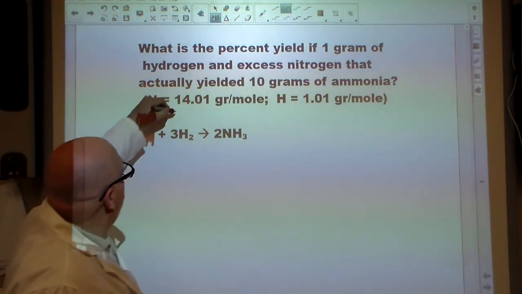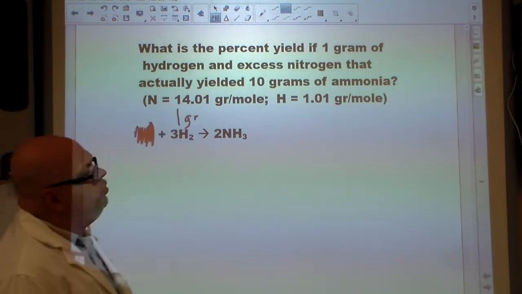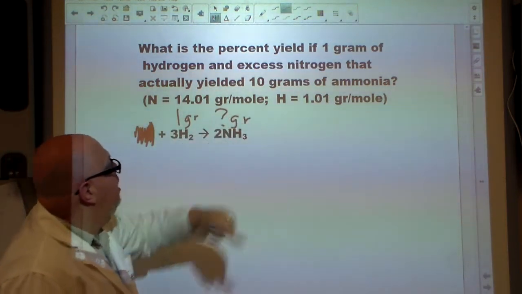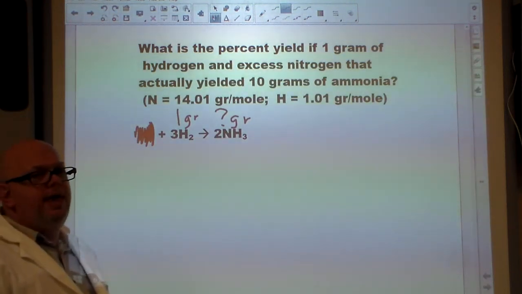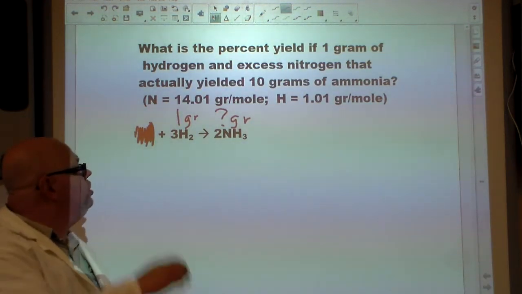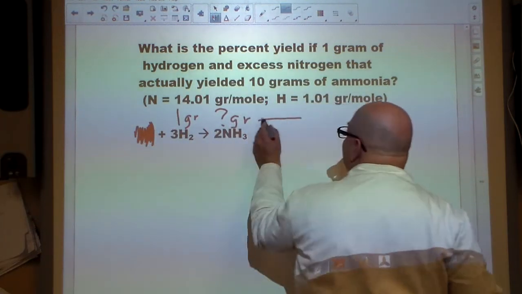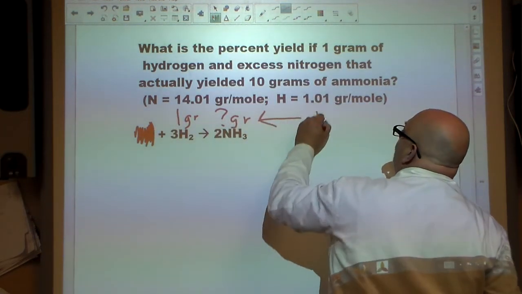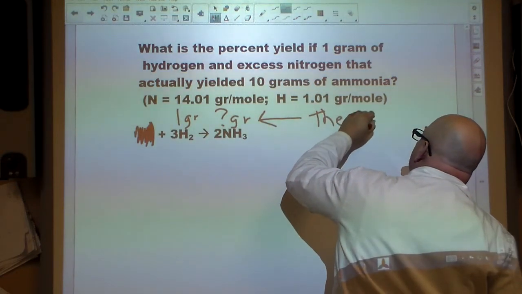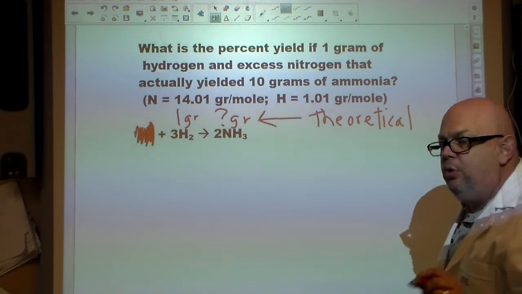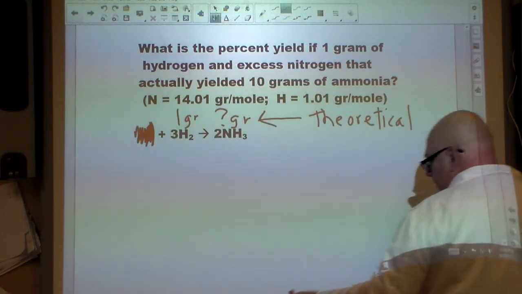Now, we do happen to have 1 gram of hydrogen, and we need to know how many grams of ammonia we are going to get out of this 1 gram of hydrogen. Now, I want to point something out. This, ladies and gentlemen, is your theoretical yield. This is the yield that you're going to work out on paper. That's the perfect world.